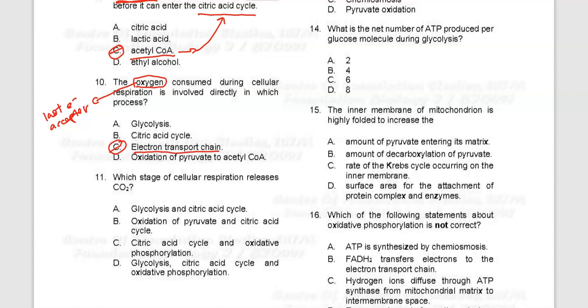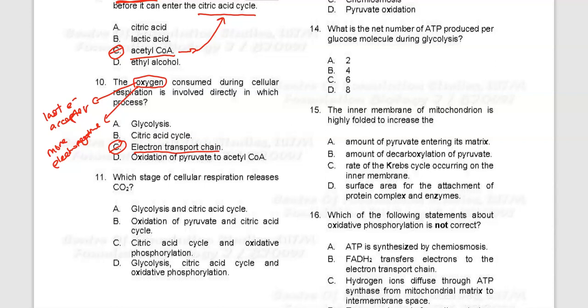As you have learned, electrons from NADH will be released from the NADH molecule, travel along the electron carriers, and lastly be accepted by oxygen. This is because oxygen is more electronegative compared to the electron carriers, so it can pull the electrons toward itself, and then the oxygen can combine with hydrogen ions and produce a water molecule.